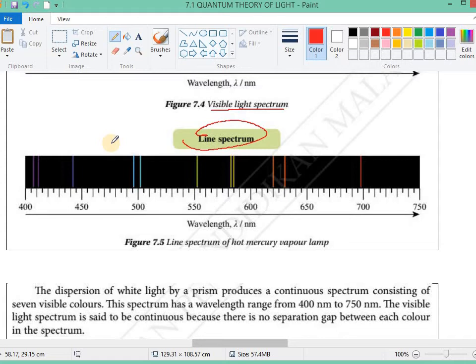Because, like what we learned, a photon carries a specific amount of energy, and that specific amount of energy means the frequency will also be specific. The photon that is emitted is at a specific frequency.